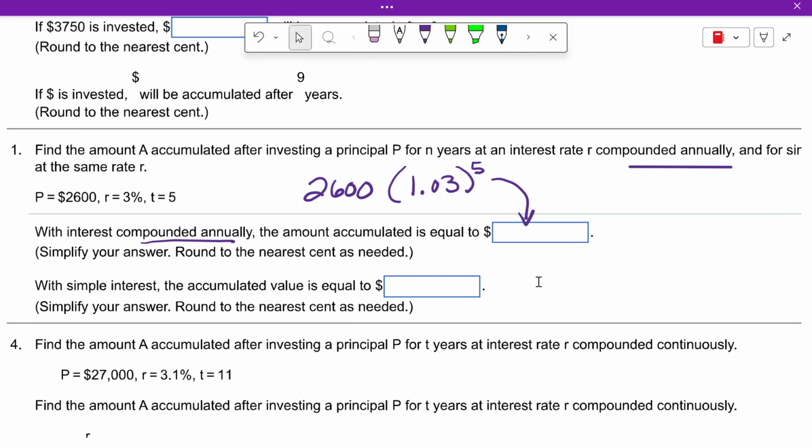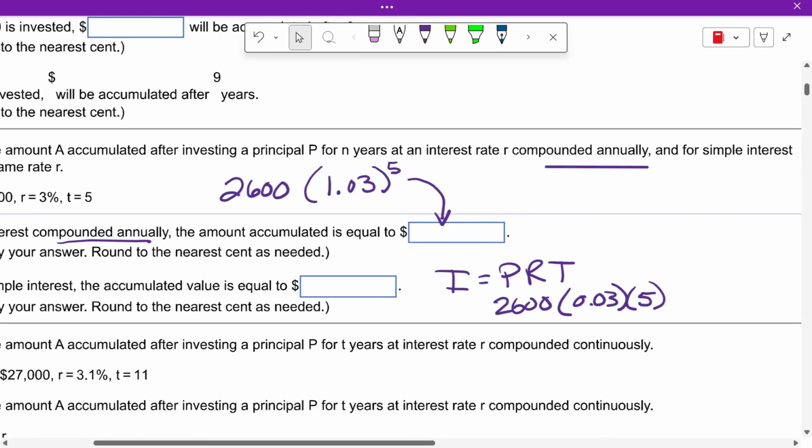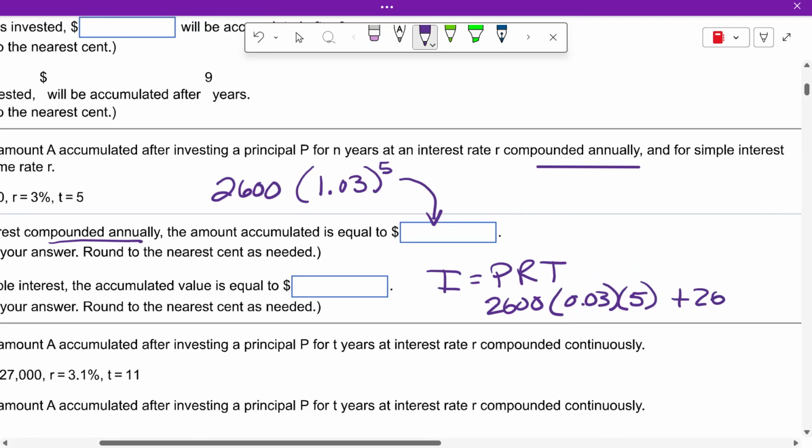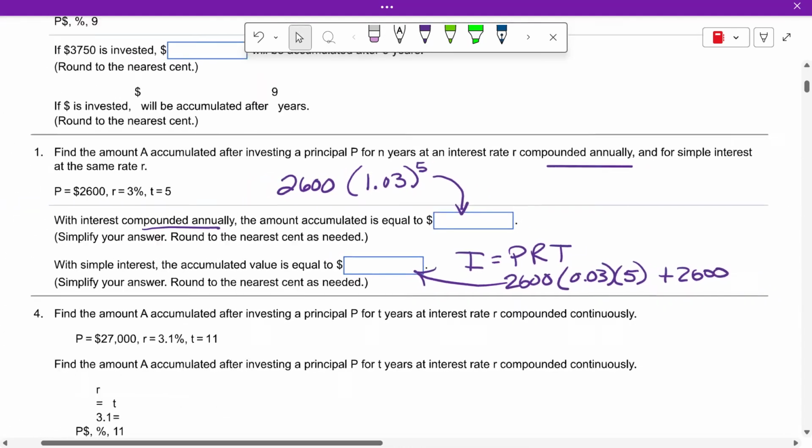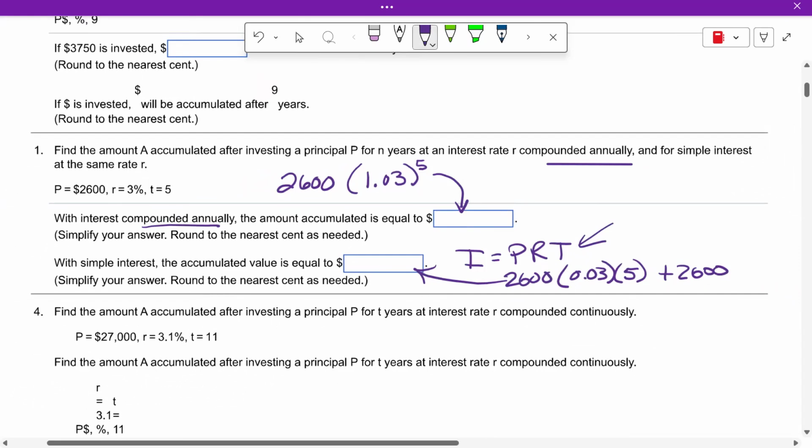To find simple interest, it equals principal times rate times time, which is 2,600 times 0.03 times 5. That's the interest, and then you have to add your principal to that. Okay, that's the amount you get in the end. So simple interest is principal times rate times time. This one is principal times 1 plus your rate to your time power. Okay, so know the difference.